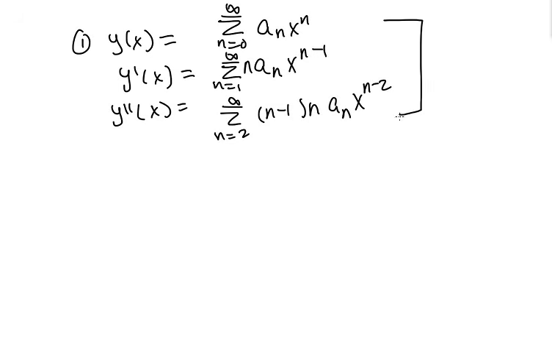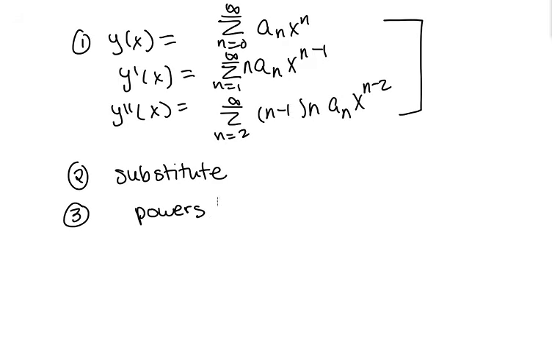So this was our first step. Our second step, we substitute these values into our differential equation. Our third step is we wanted our powers to match. So we do that by basically bumping down or bumping up, so just basically adding and subtracting from before.